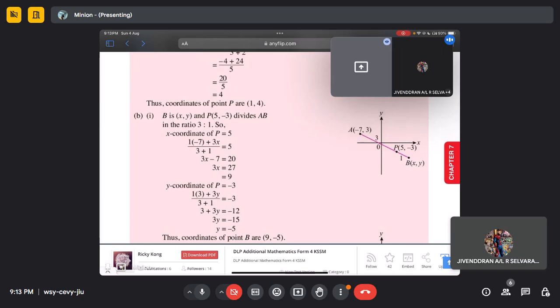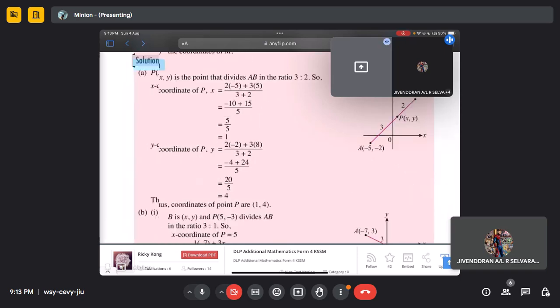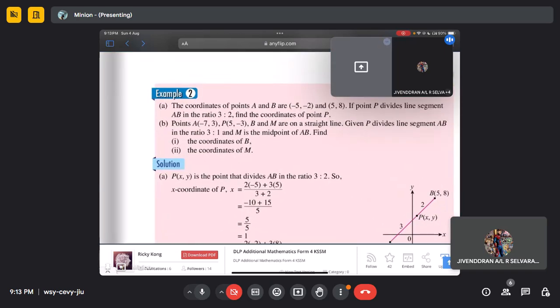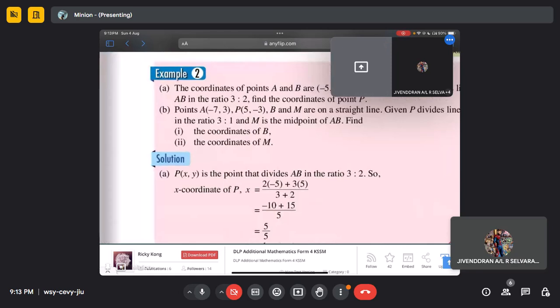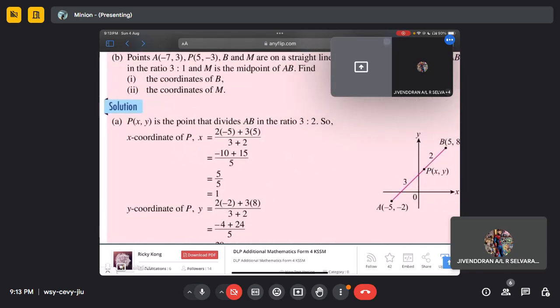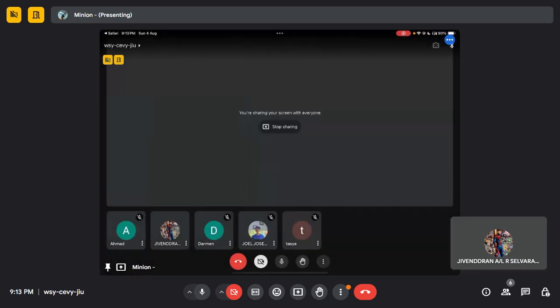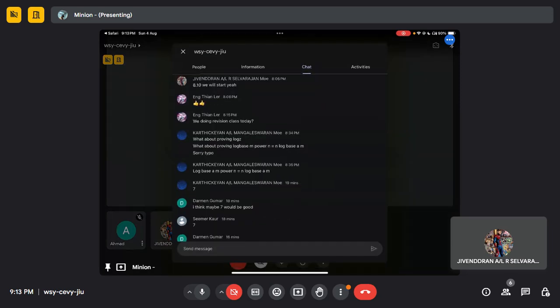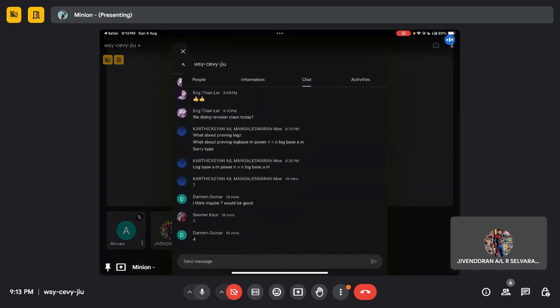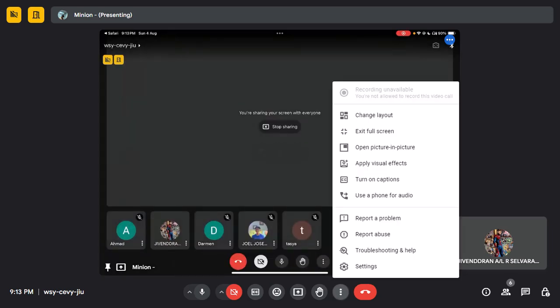Can you guys understand? This is for Roman 1. Find the coordinates of B. Can you understand? Cannot? Boleh?